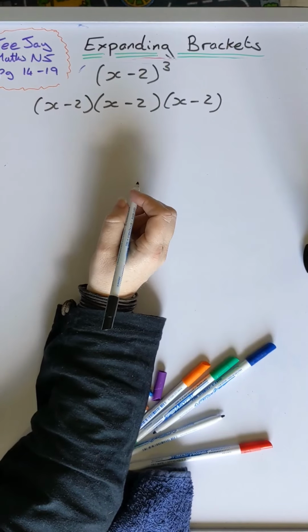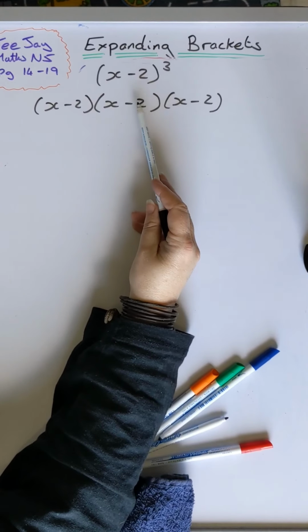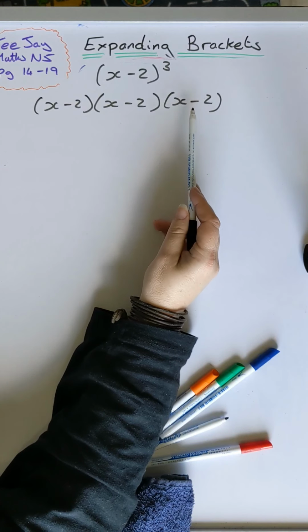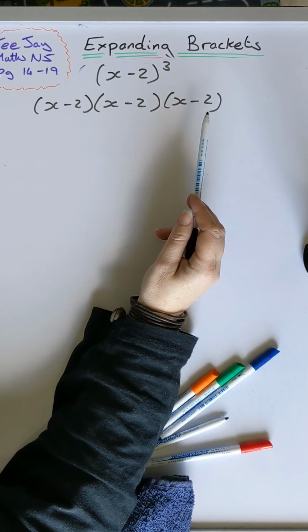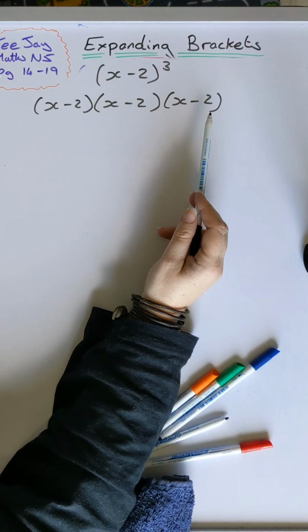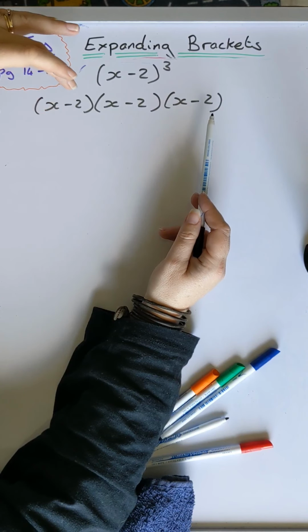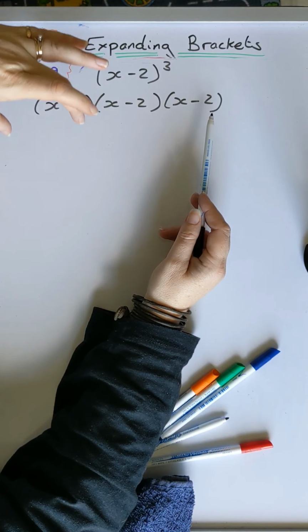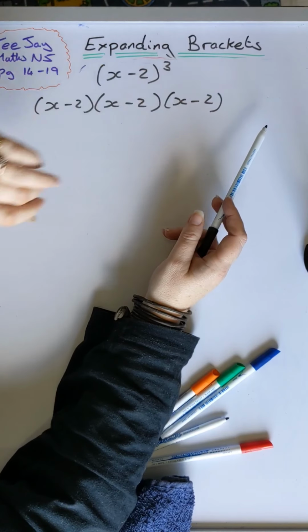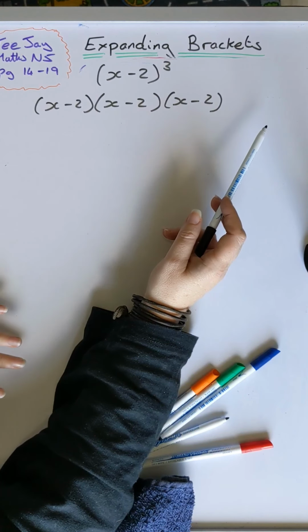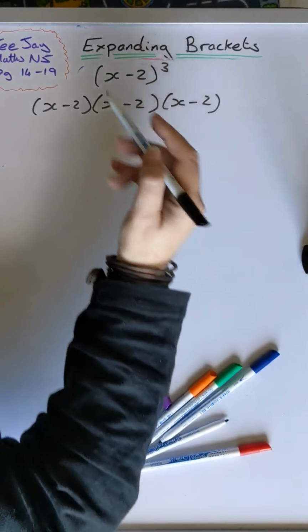So what I'm going to do is first of all multiply out the second 2 brackets. It doesn't matter which order you do them in. I prefer having my smaller bracket on the front. So for me, it's easier to do x minus 2 on the front times whatever this bracket gives me, and then take it further using the rainbow method.